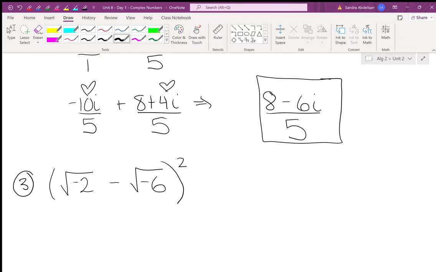Again, what have I been drilling this whole lesson? Before we can perform any operation, what must we do? Take care of the negatives. So I'm going to pull out an i. So this is i root 2 minus i root 6, squared. My next question for you is, can I distribute in that exponent of 2? No, this is a binomial. What do I have to do?